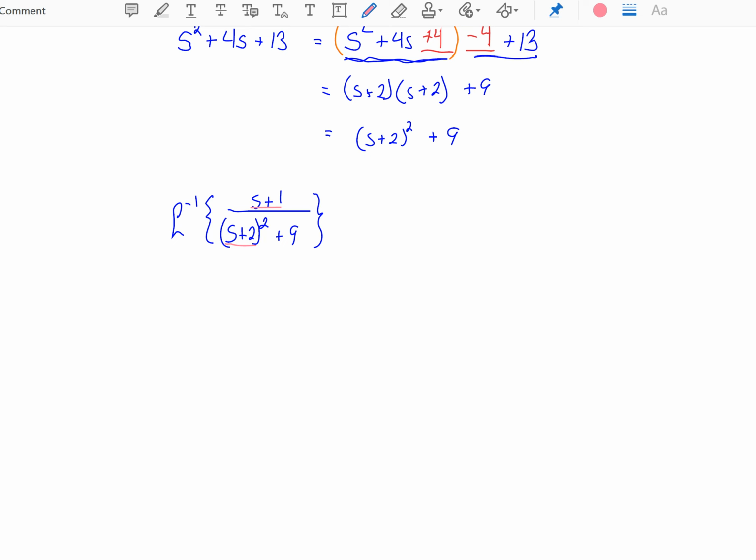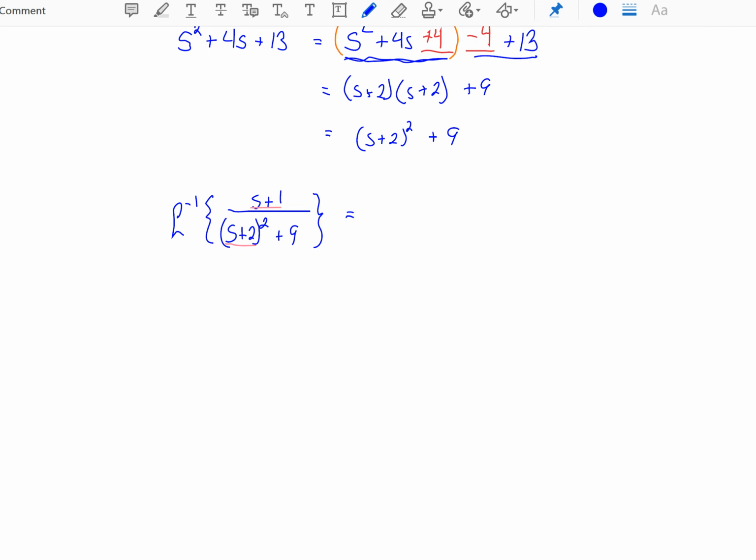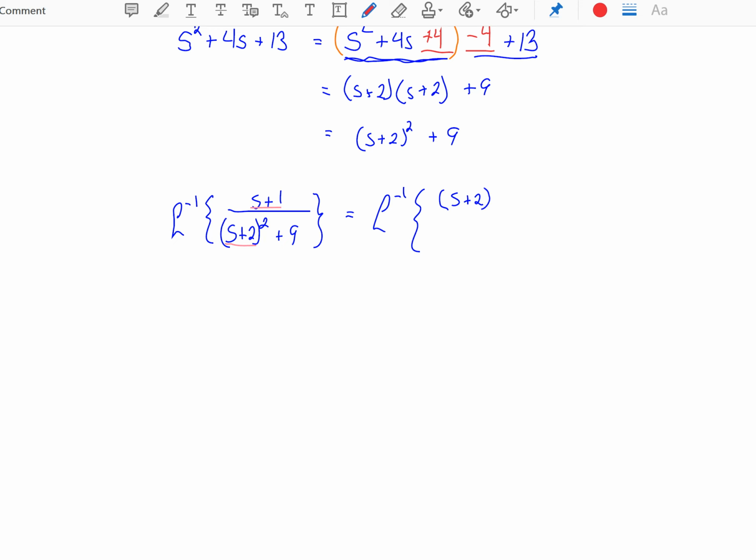So here's my trick, my adjustment technique. What if on the top we rewrote it as s plus 2? But I got to make it equal to the original top still, so what if I did s plus 2 minus 1?